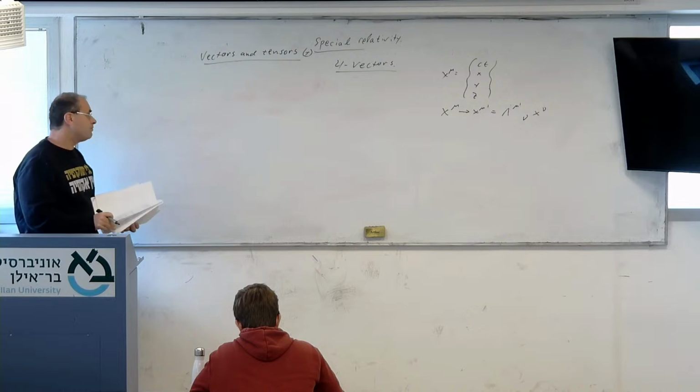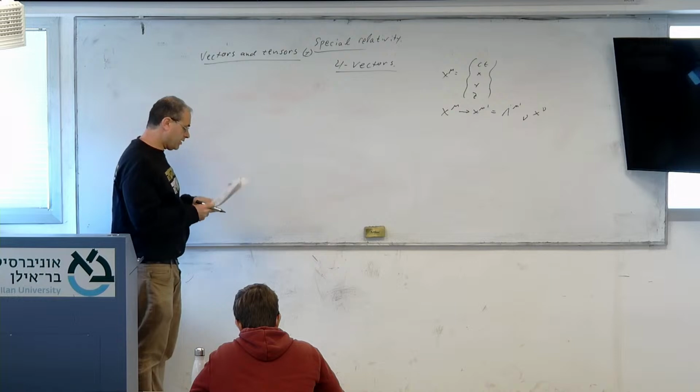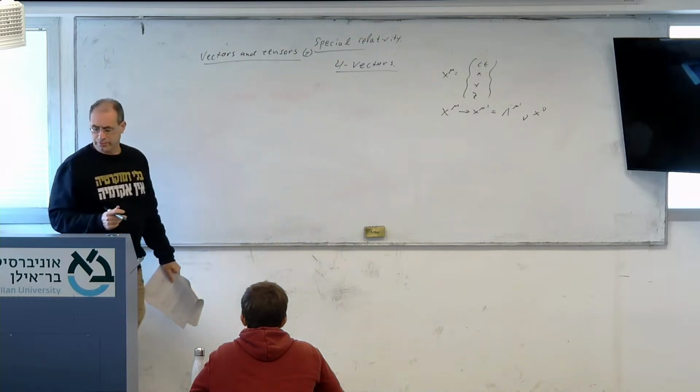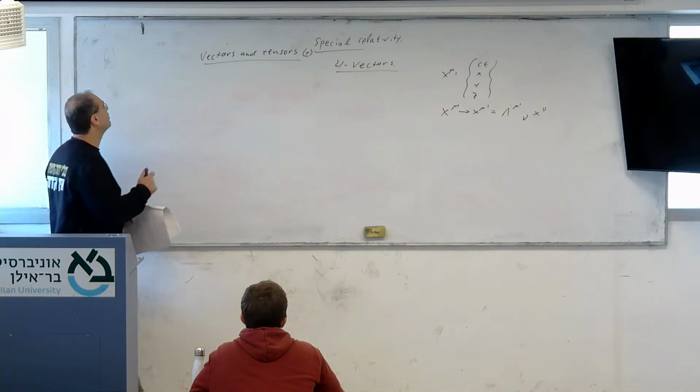So my definition of a vector, and to be more precise, it's actually called a contravariant 4-vector, for reasons which will become clear shortly. So, definition.